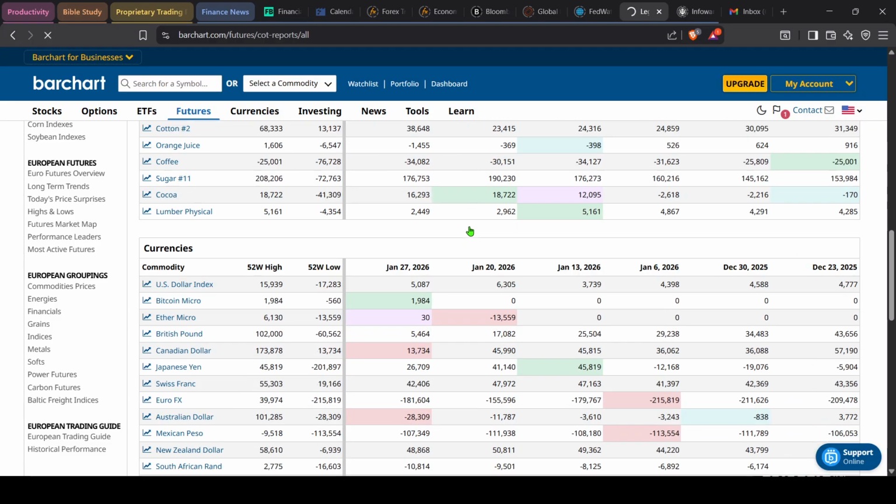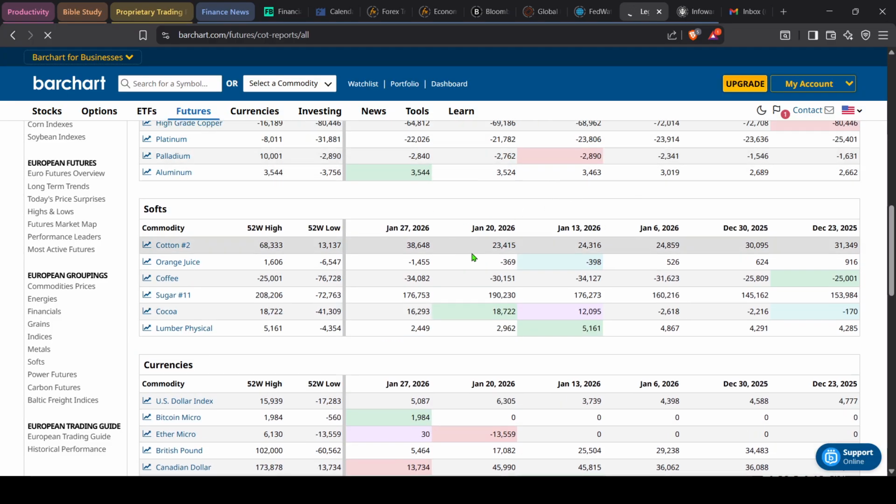So I just want to show you what the big guys are doing on gold and in some of these COT reports. Eventually, you guys can check out current COT reports for your favorite pairs and commodities and see what the market is saying.